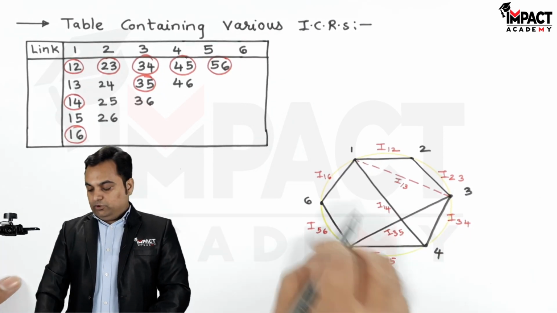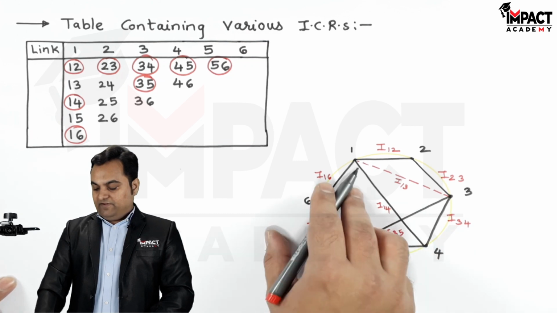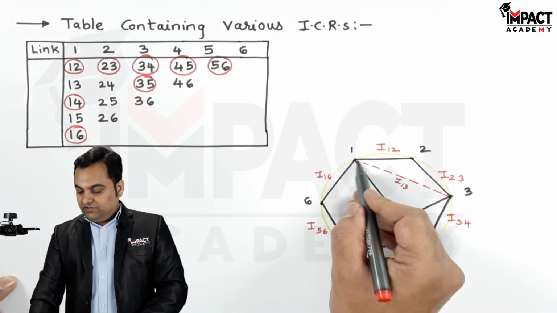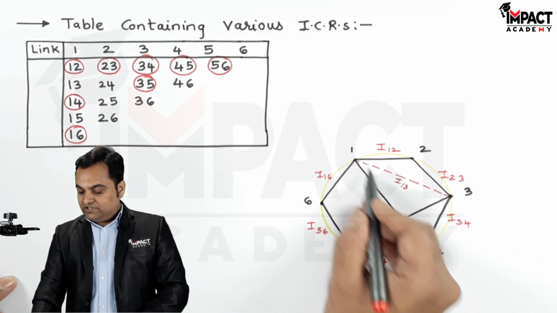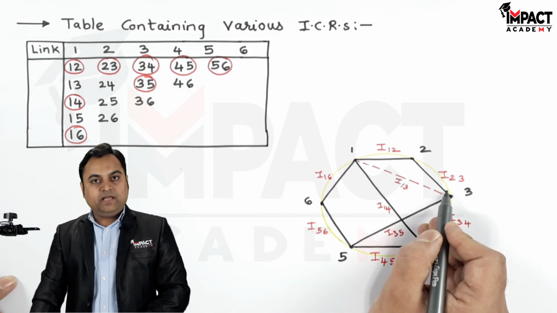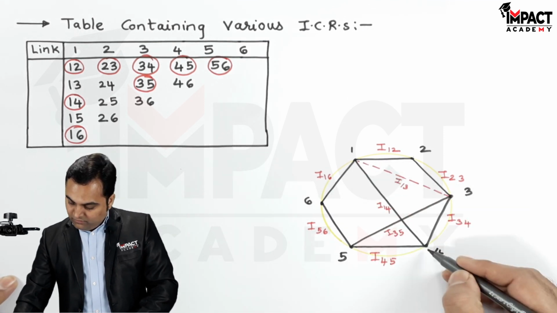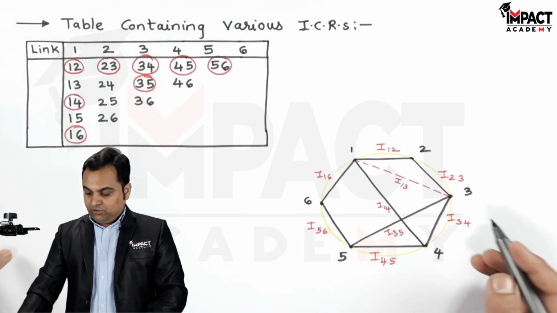Now in order to get I13, I have joined 1 and 3. They are making two triangles: one is 1 2 3 and the other one is 1 4 3, as we can see here.